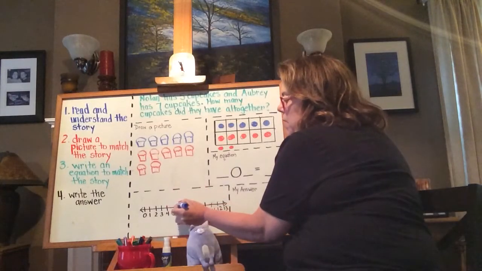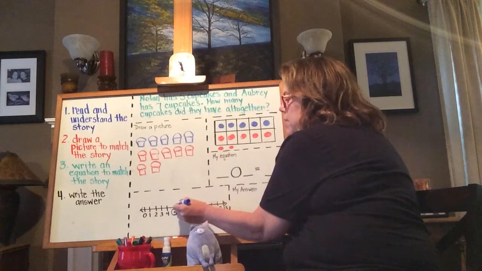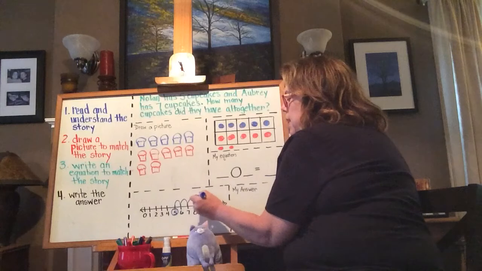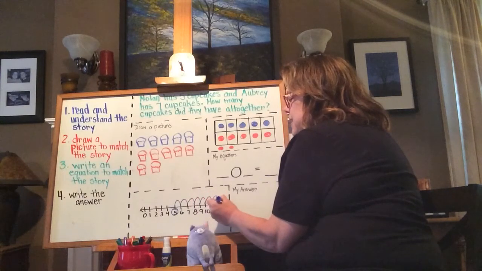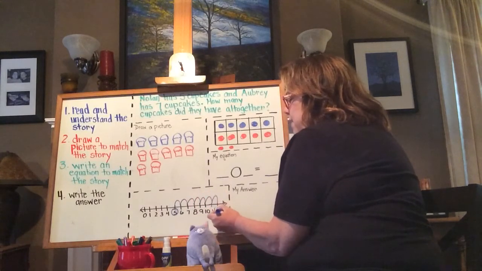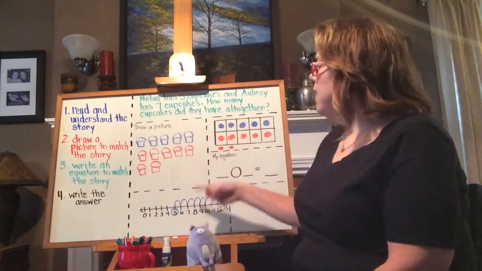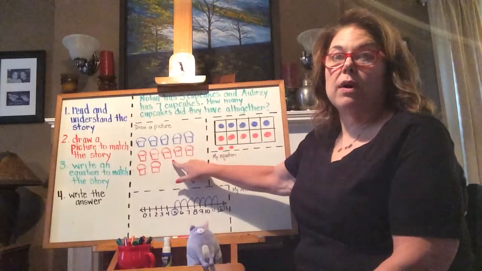So you put your pencil right here on the number 5, and we don't count until we jump off to the next number. So we go 1, 2, 3, 4, 5, 6, 7. And we landed on the number 12 again. So everything we've done so far has told us that 5 and 7 more is 12.